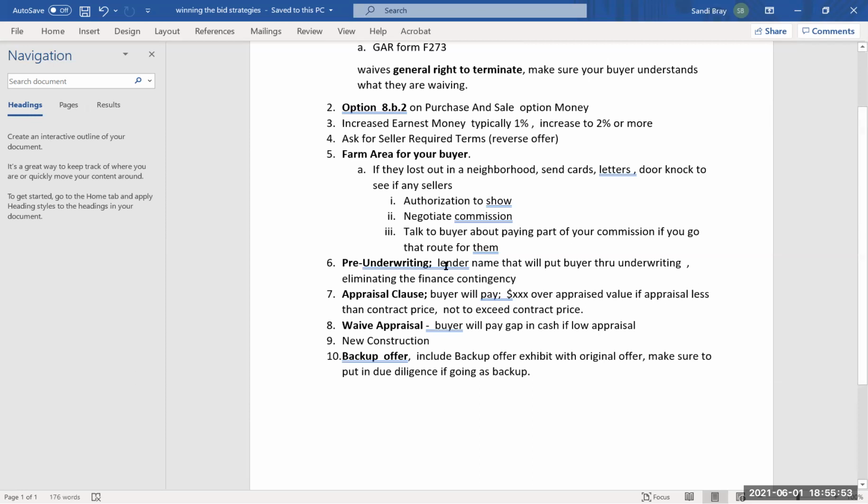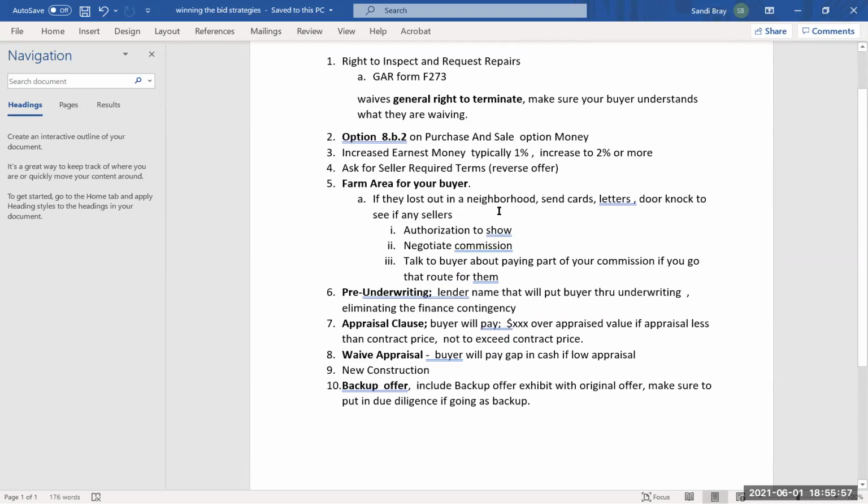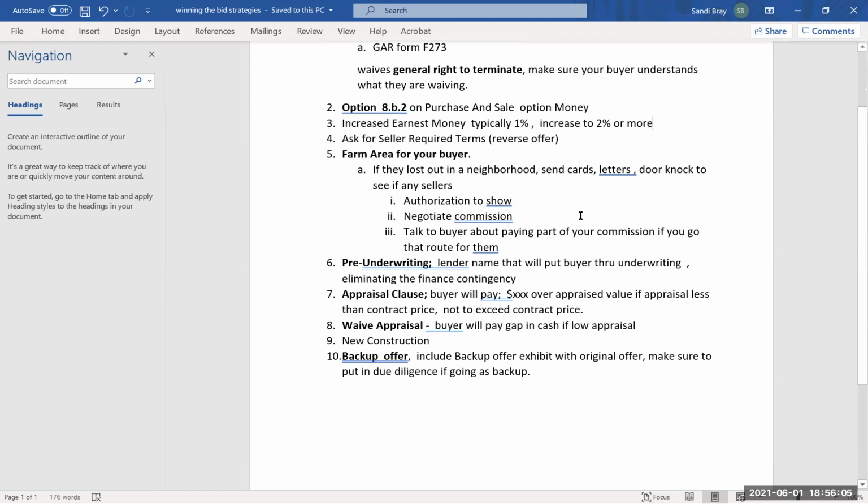Now, let's say there's a specific area your buyer is interested in, and they keep losing out in that area. Go to that neighborhood, send cards, letters, door knock to see if there are any sellers sitting on the fence. I have letters and templates for that if you want to go that route.